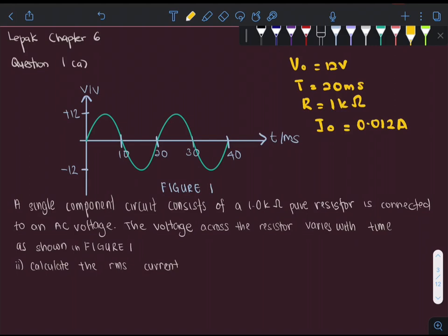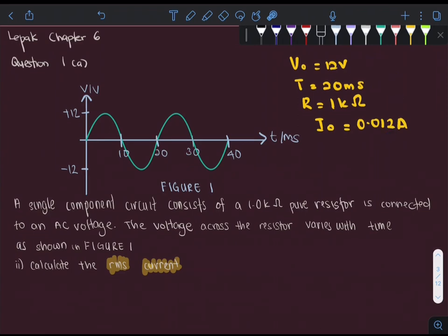Next we are going to look at the second question. We need to calculate the RMS current, and the information we have is V0, the period, the resistor, and also I0. These are the information that we have been given and have collected. So now we are going to find the RMS current.